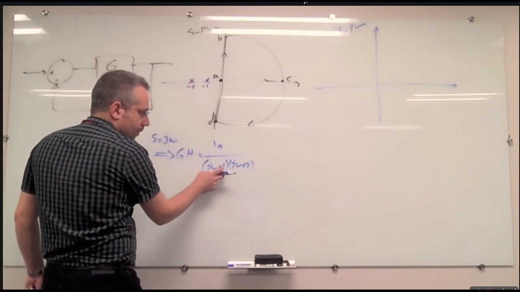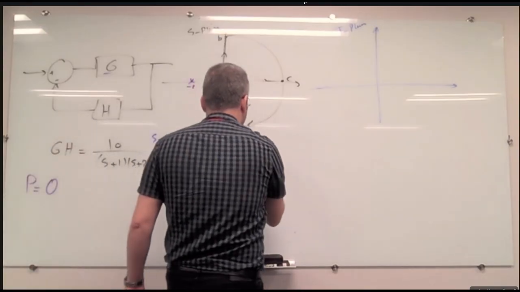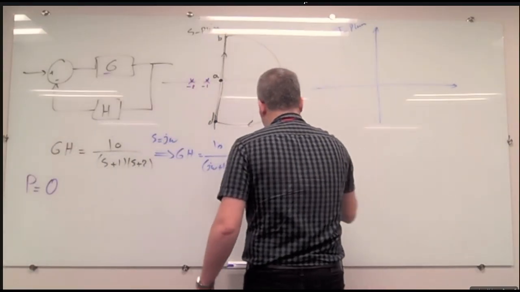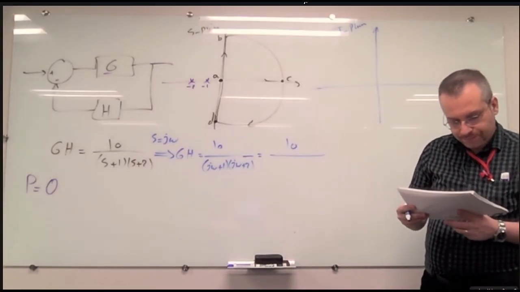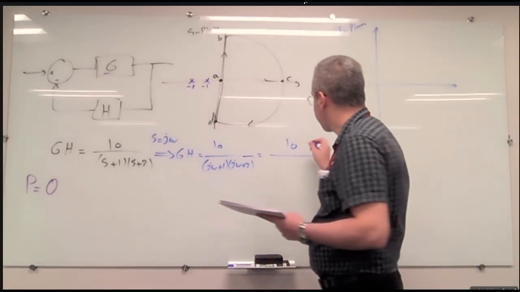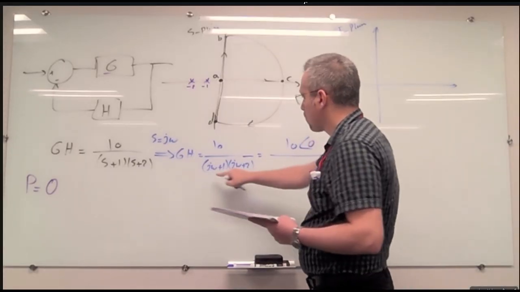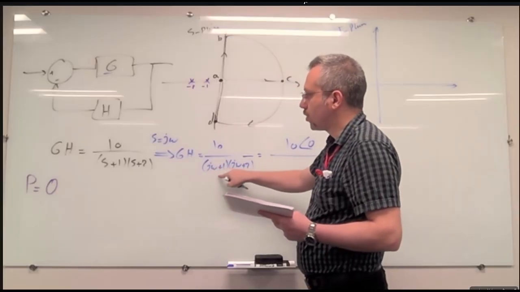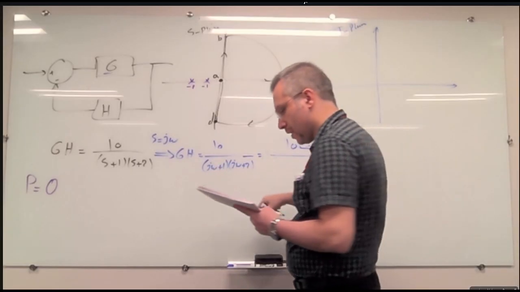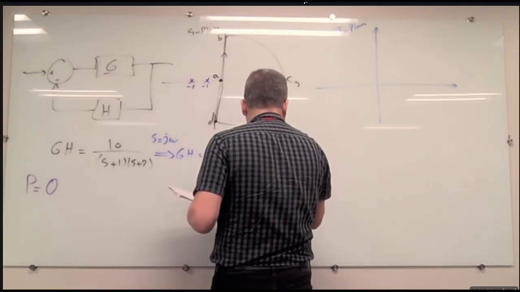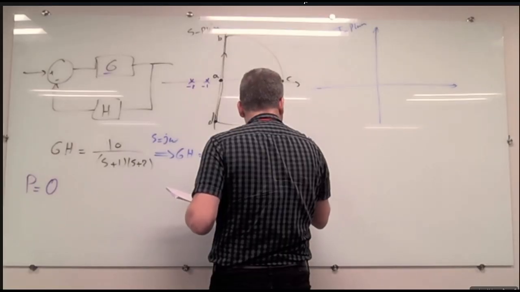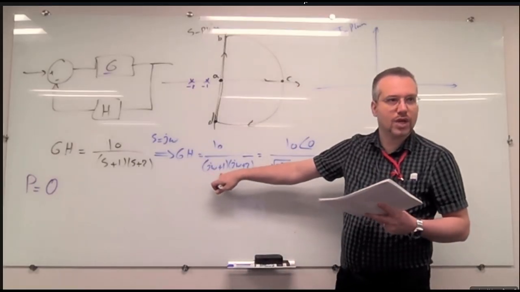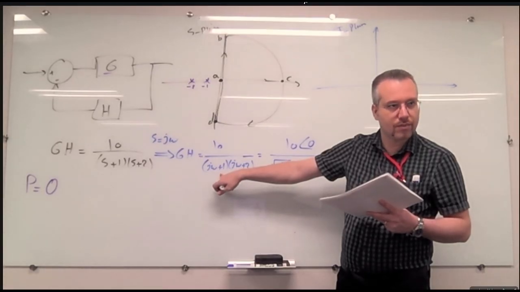Now, this one, if we consider it as a complex number and we want to show the phasor of that, it is going to be the square root of omega squared plus 1. You know how to calculate the magnitude of a complex number?